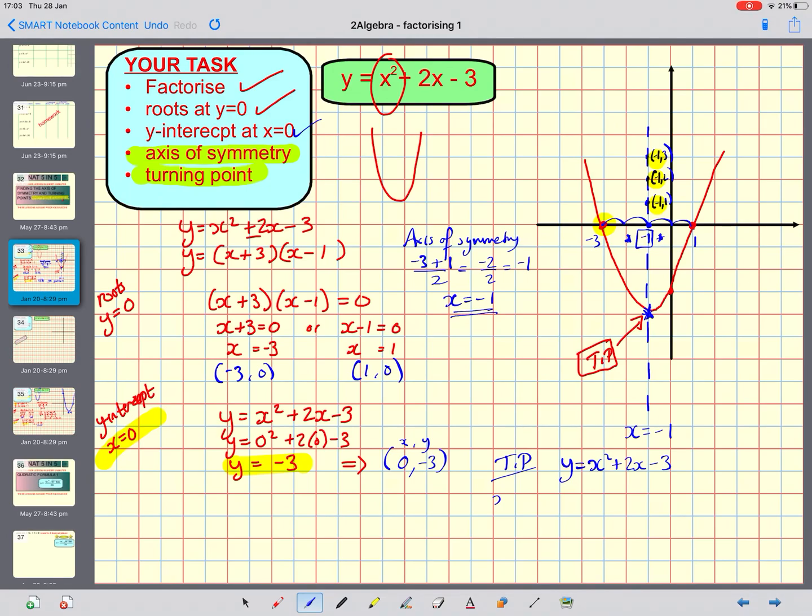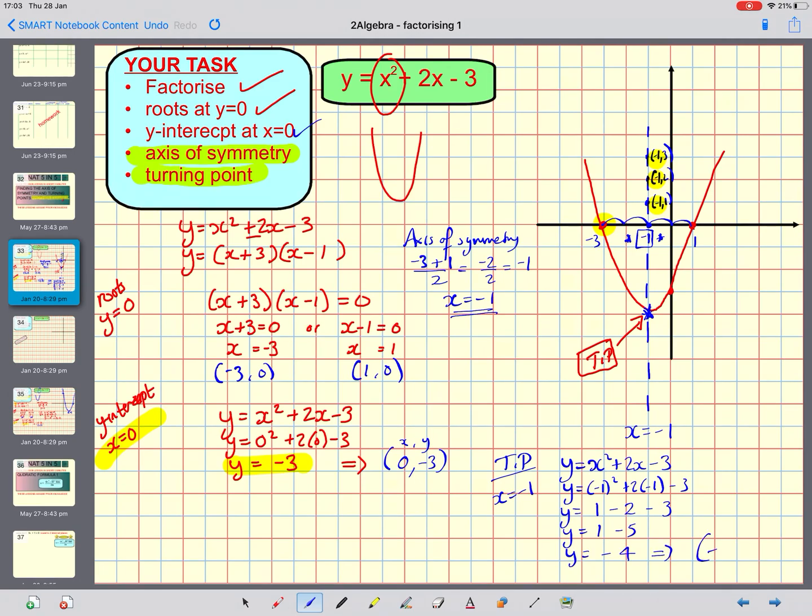So I know at my turning point x is equal to negative 1. So you're going to substitute negative 1 in to find out what your corresponding y value would be. Negative 1 squared is 1. 2 multiplied by negative 1 is negative 2. Take away 3. So we've got 1, take away 5 really, and it's negative 4.